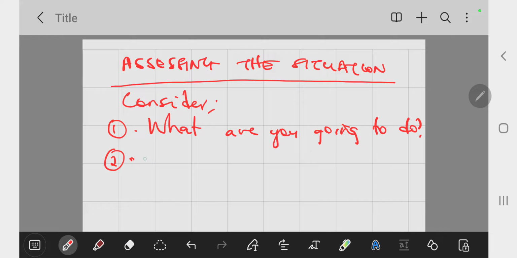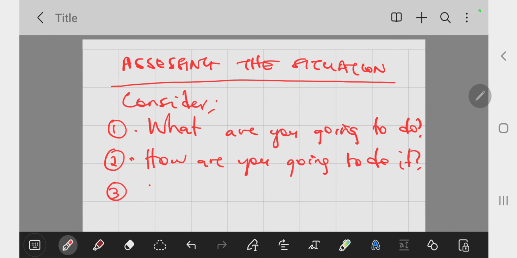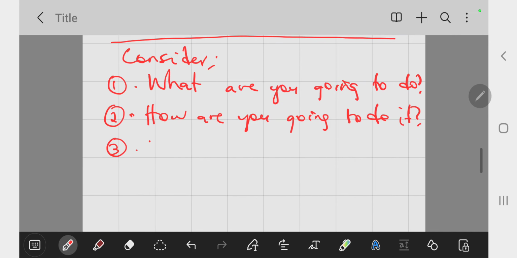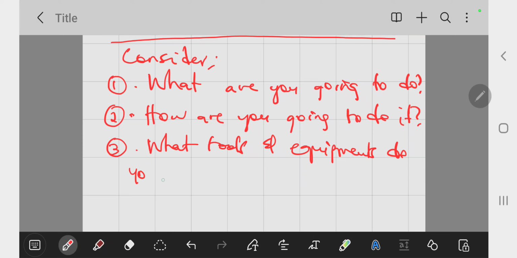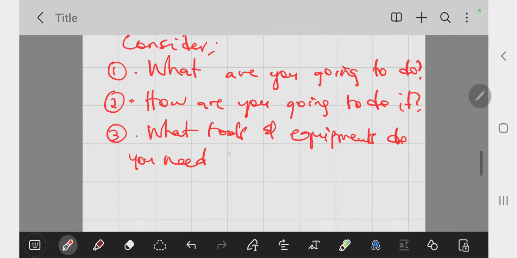Secondly, you need to ask yourself, how are you going to do it? That's the second question. The third question you are going to ask yourself is, what tools and equipment do you need to do it?